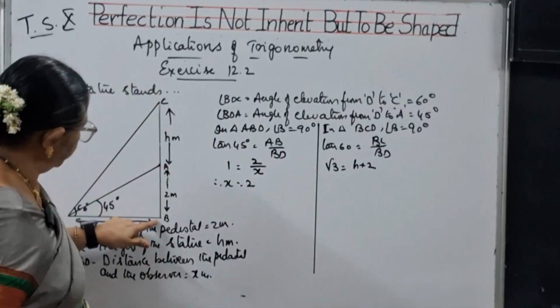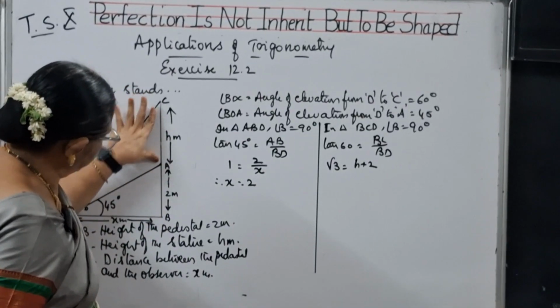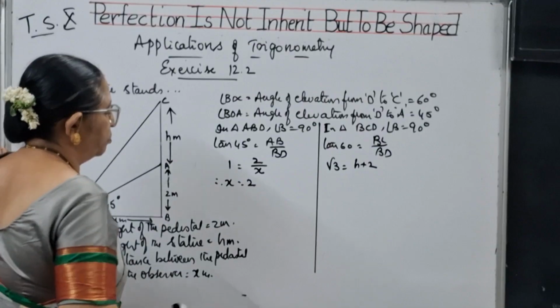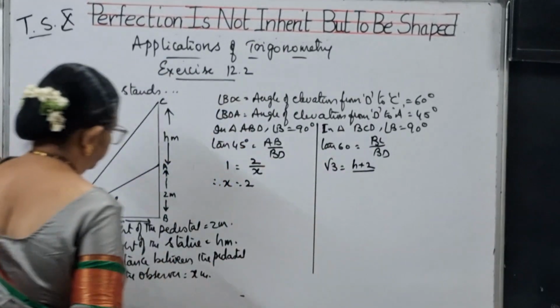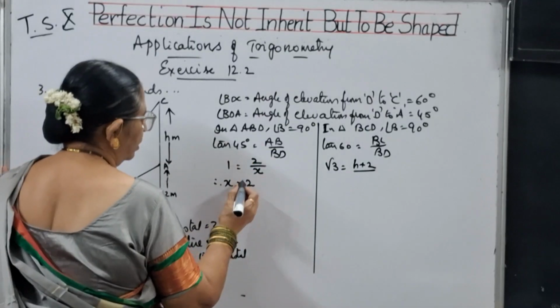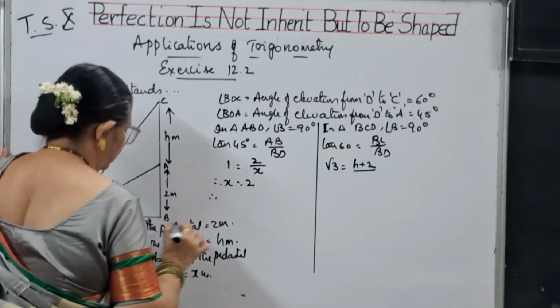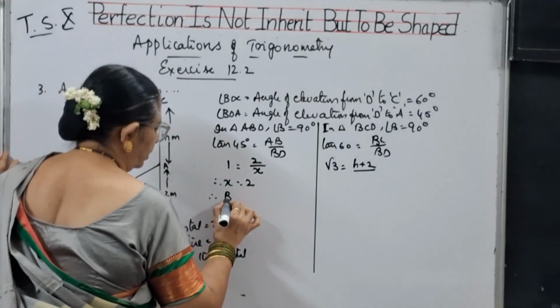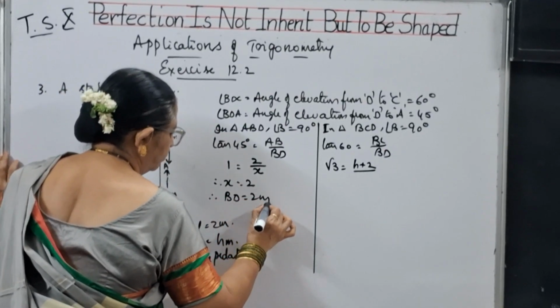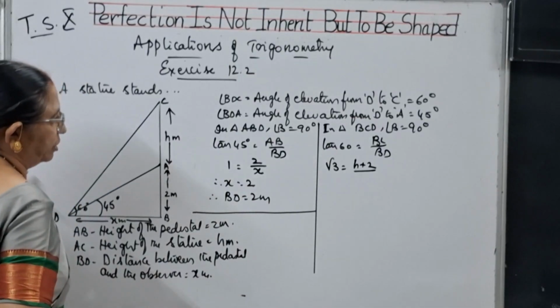This whole height means this height plus this height. BD is X, and we have got BD as 2 meters.